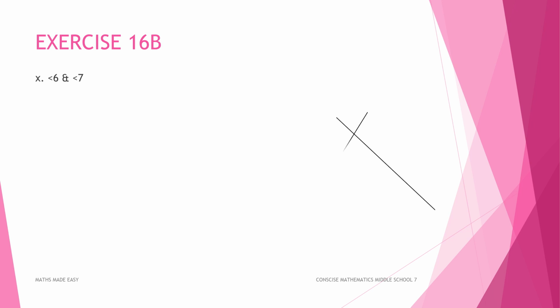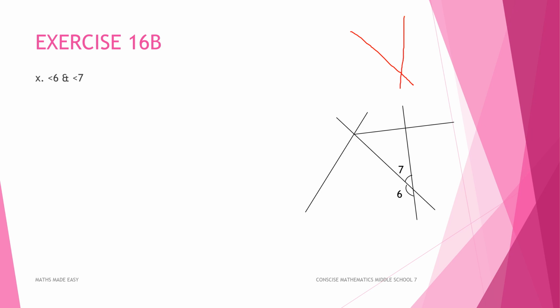10th question, angle 6 and angle 7. This is the given diagram. They're asking us to find what type of angle is between 6 and 7. Let me draw a diagram once again over here.